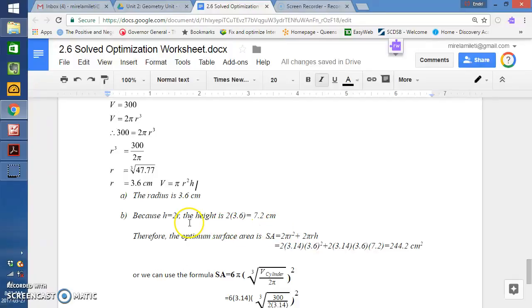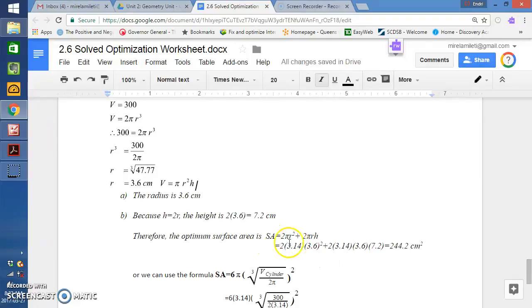Okay, now that we have both dimensions, we can figure out the surface area. What is the surface area of the cylinder that has its maximum volume and its minimum surface area?